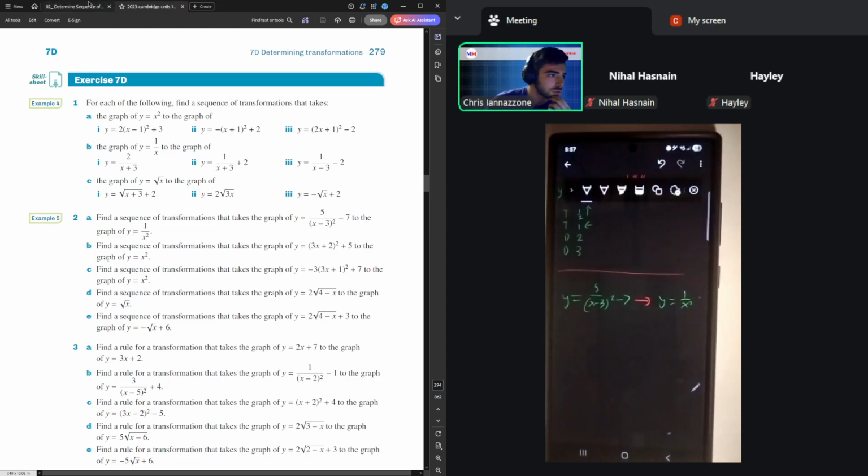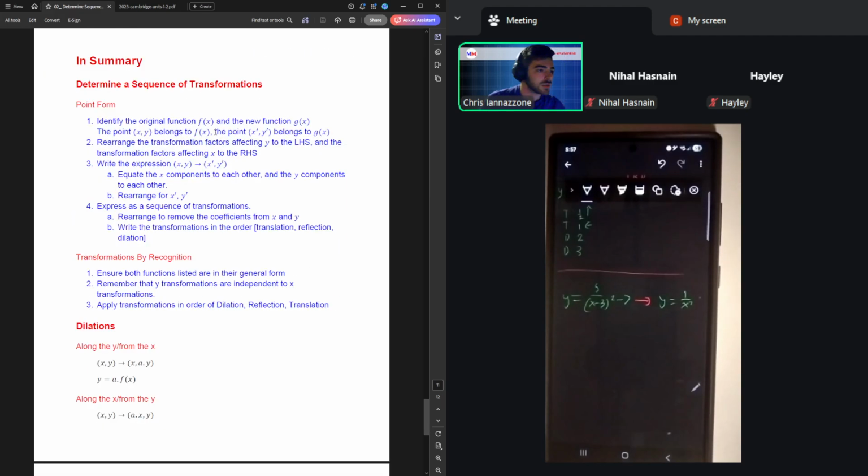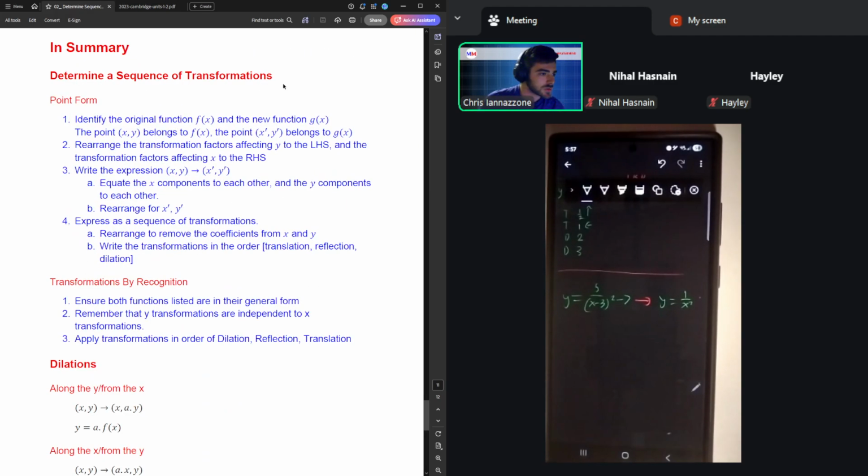Cool. We know where we're starting and where we're going. That just means step 1 is more or less done for us. We just need to write things out the right way. So which function is going to get our x dash and y dash?